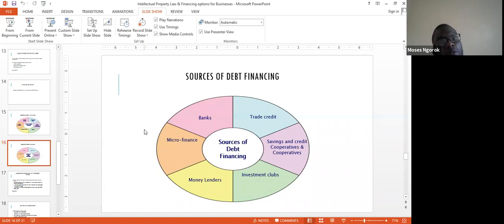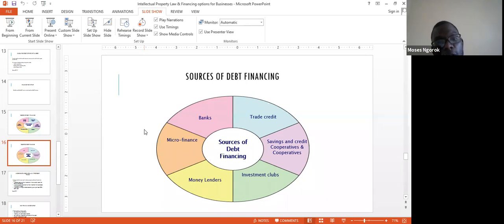And so the different types of loan financing. Anti-clockwise, we see banks. The bank is a financial institution. You go to them and they can lend you money for expansion, for whatever. We shall look at the criteria the banks use in a short while.